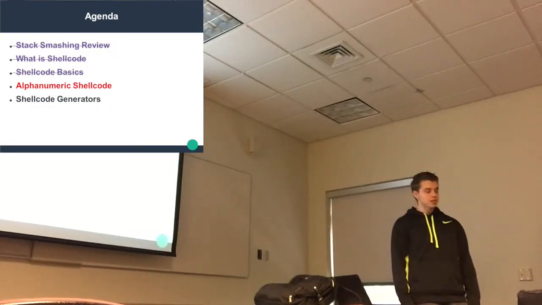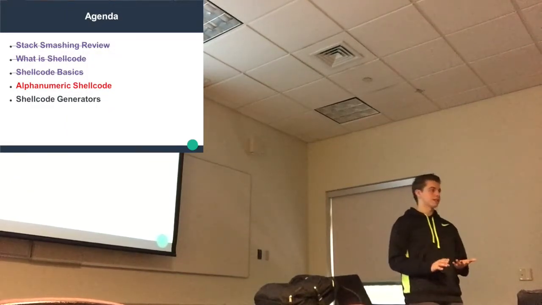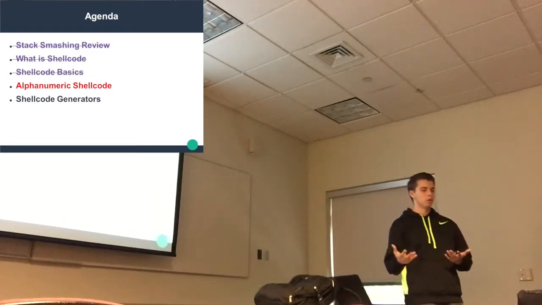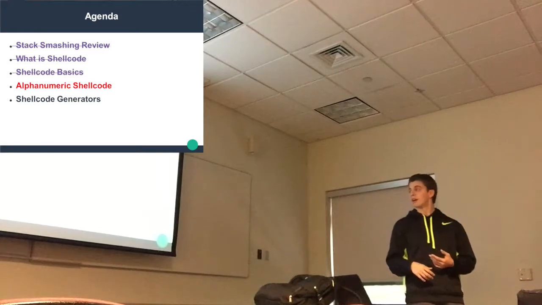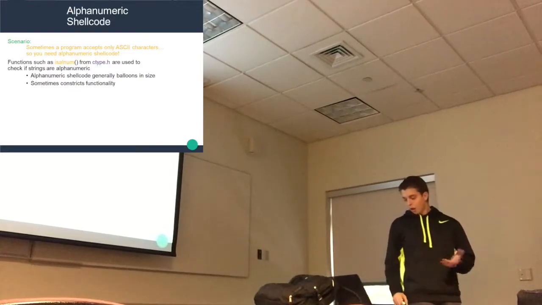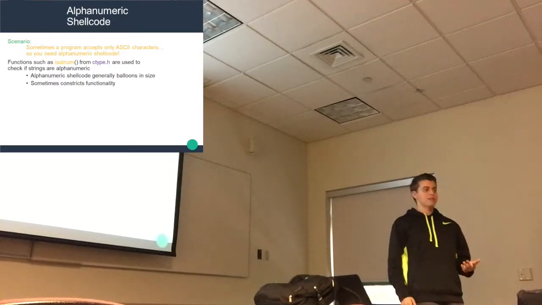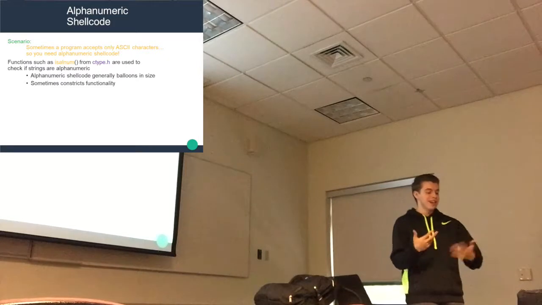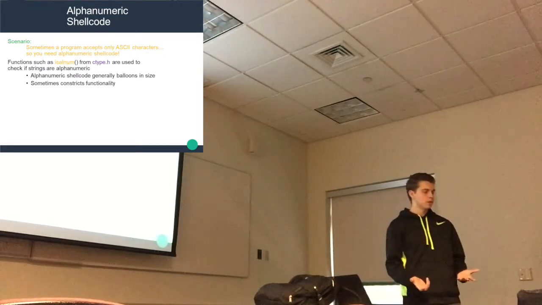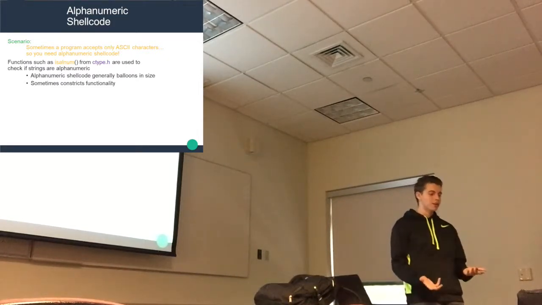Awesome. So alphanumeric shellcode. This is one of the most frequent things that I see in pwnable shellcode constraints. And all it's saying is that it can only accept ASCII characters. And this can be an issue if you have an instruction that doesn't have any equivalent in an ASCII character. So there are a couple ways to get around it.